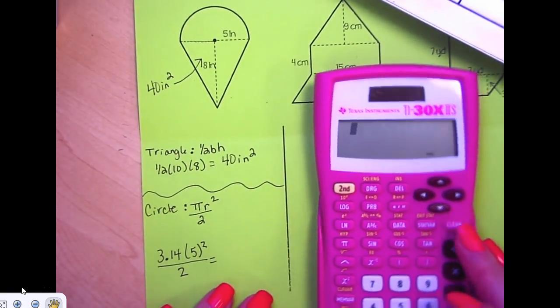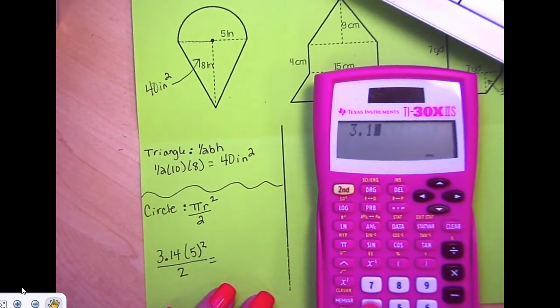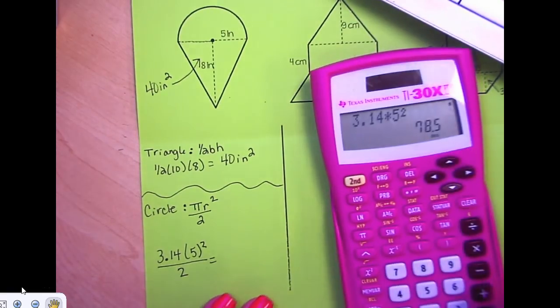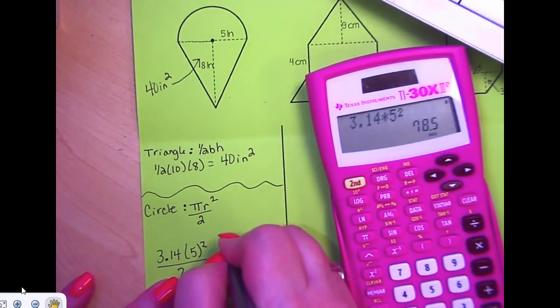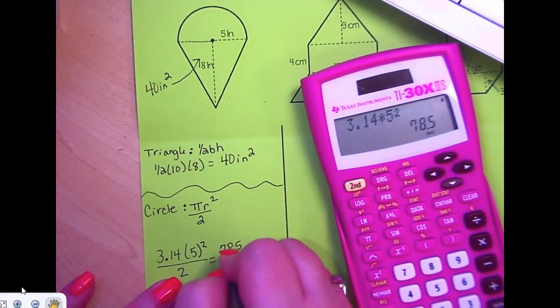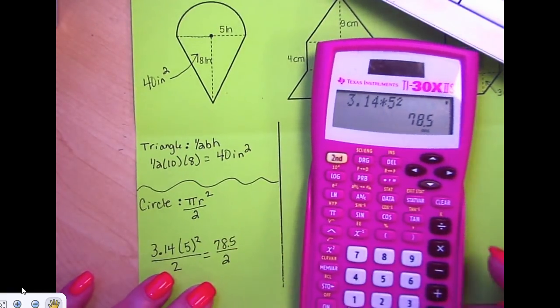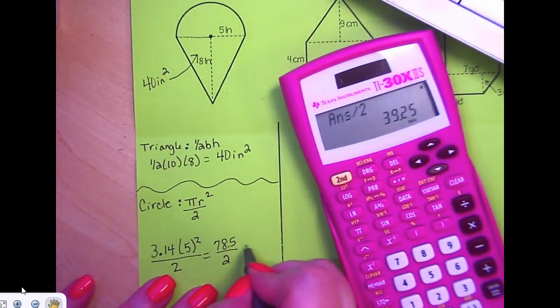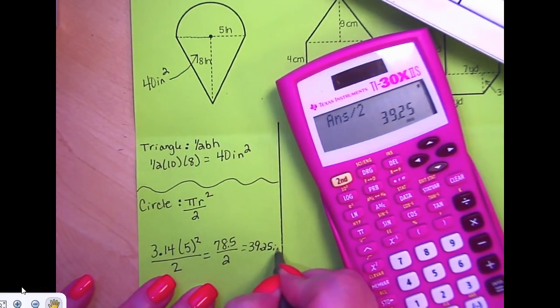So on your calculator, 3.14 times 5 squared, and you get 78.5, and you divide that by 2, and you get 39.25 inches squared.